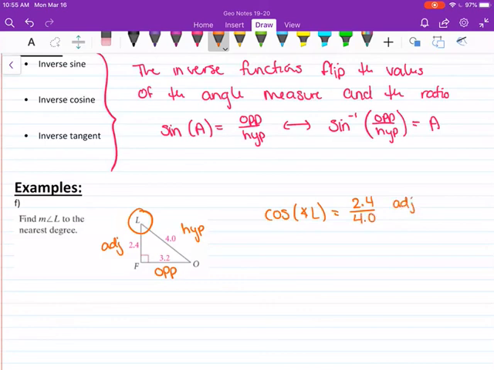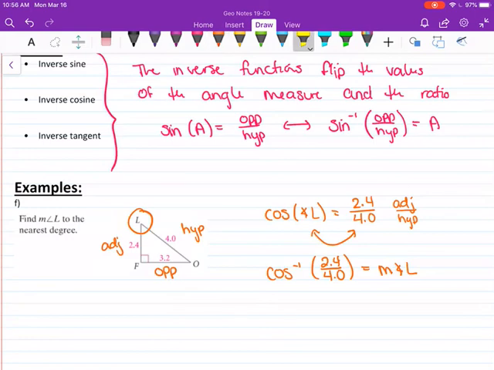So when I want to figure out what angle L is, I'm going to flip these two, and now I have to write it as cosine inverse of 2.4 over 4.0 is going to equal the measure of angle L.